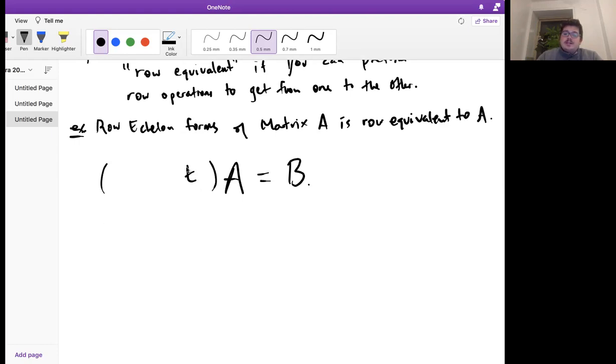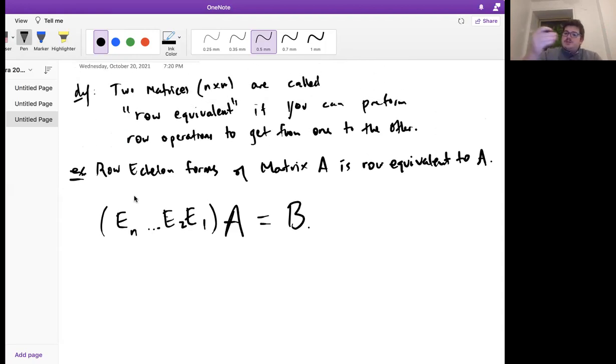If there exist elementary matrices that when you multiply on the left to A, you get B. Everyone see how these two statements are the same?